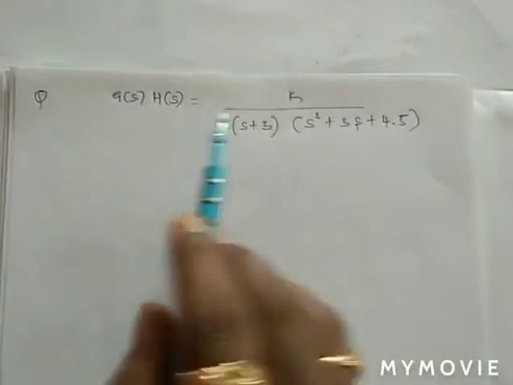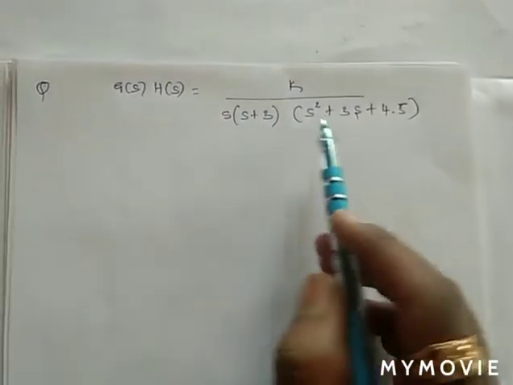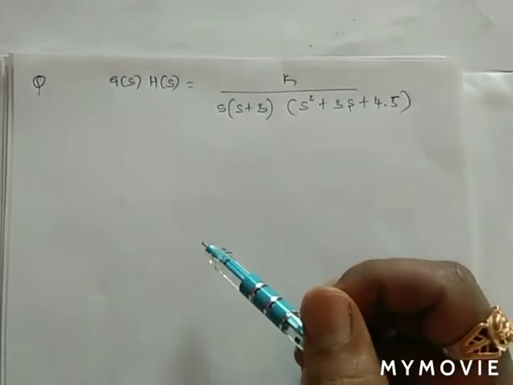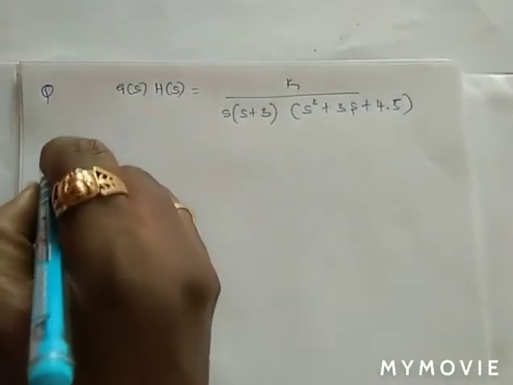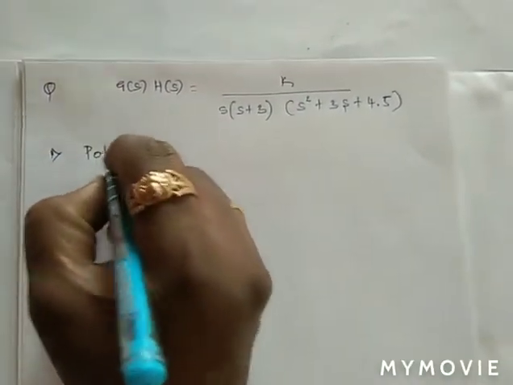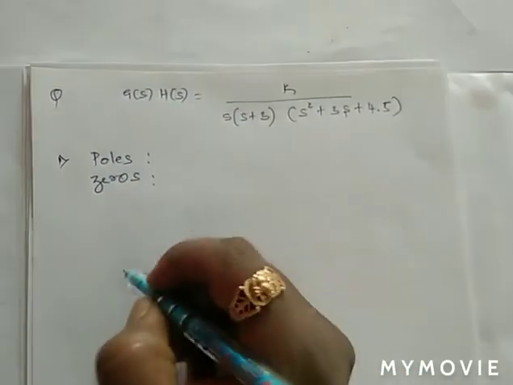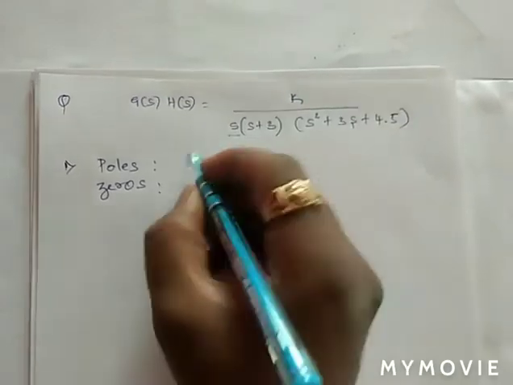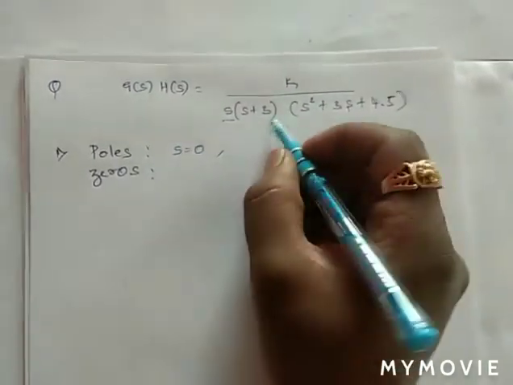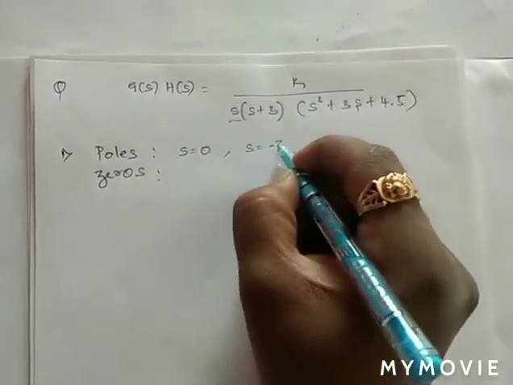is given. So k divided by s of s plus 3, s square plus 3s plus 4.5. So first step you already know, to find poles and zeros. So poles: s term s equals to 0, s plus 3, s equals to minus 3.